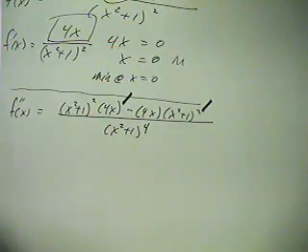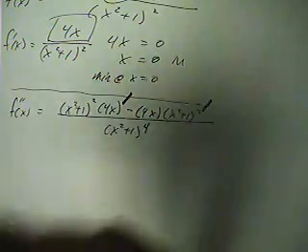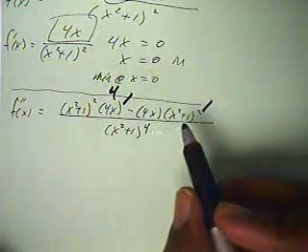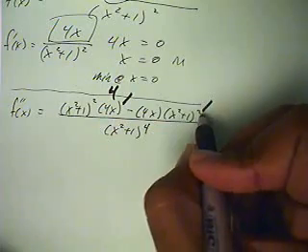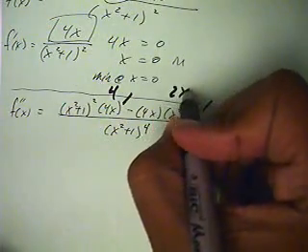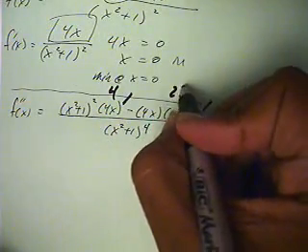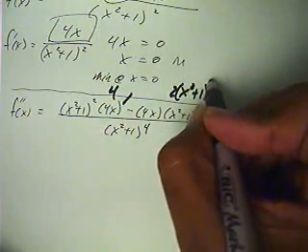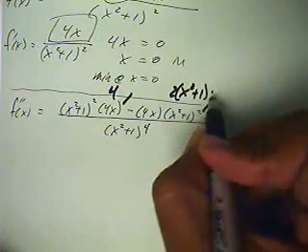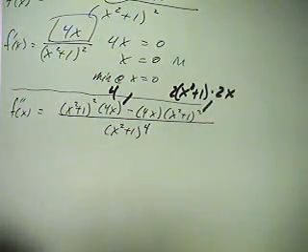A derivative on 4x just gives us 4. That's pretty easy. But we're going to use the chain rule for this one. The derivative of x squared plus 1 all squared is going to be 2 times x squared plus 1 to the first power, times the chain rule, which is 2x.